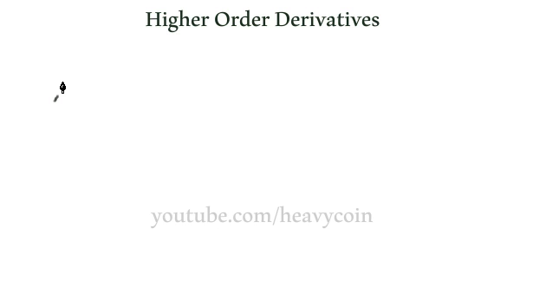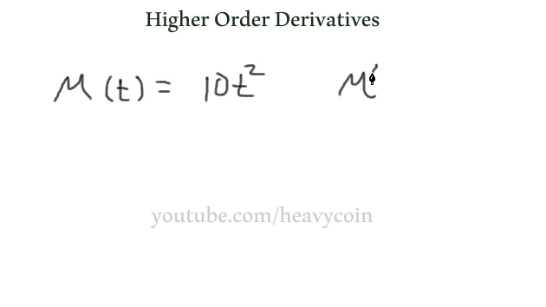Let's say that we're given m. I'll use some different letters here. Call our function m. We have m of t equals 10t squared, and we want to find the second derivative of m.